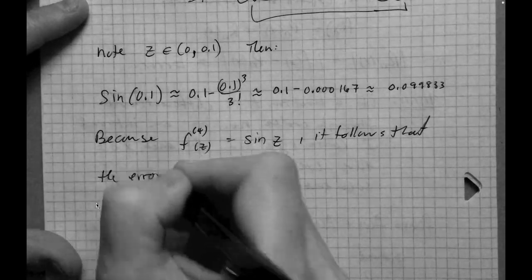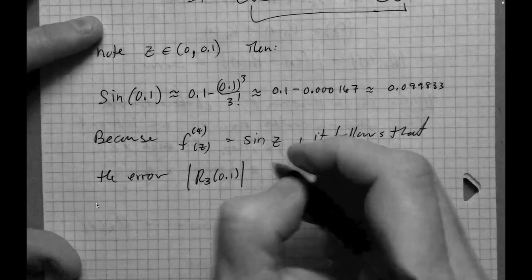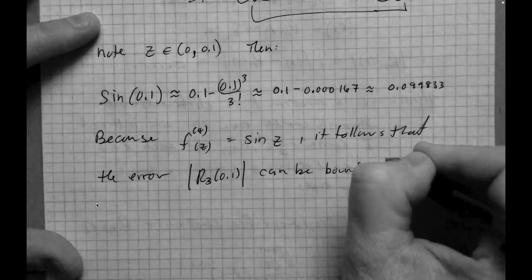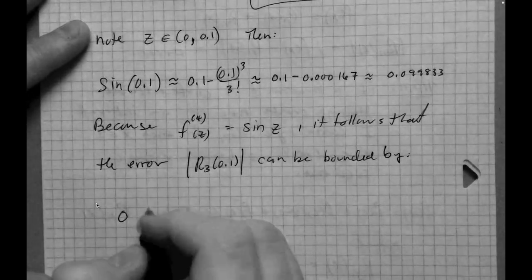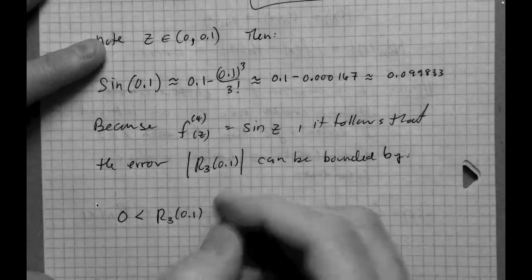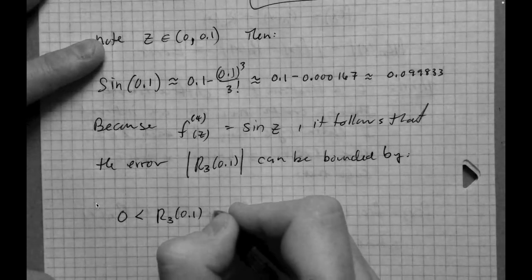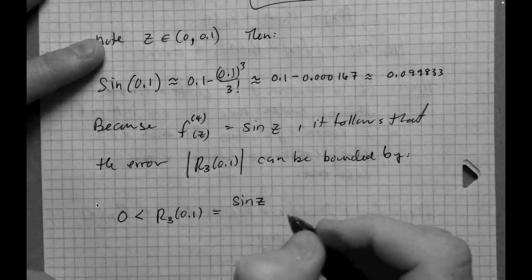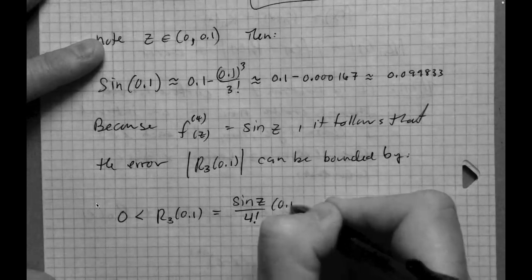the error R3 of 0.1 can be bounded. First of all, on the low end, 0 is less than R3 of 0.1, so we know the error is positive, and we know that the error is equal to sine of z over 4 factorial times 0.1 to the fourth.